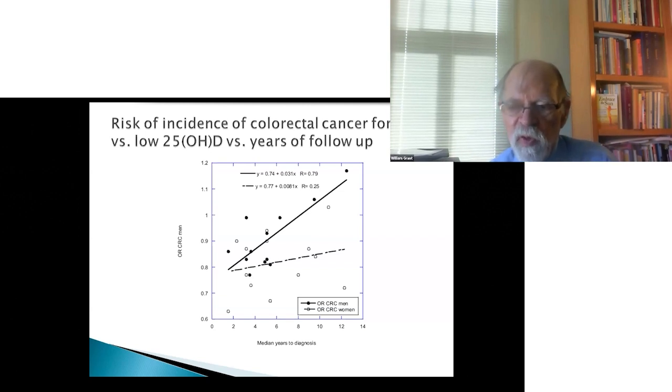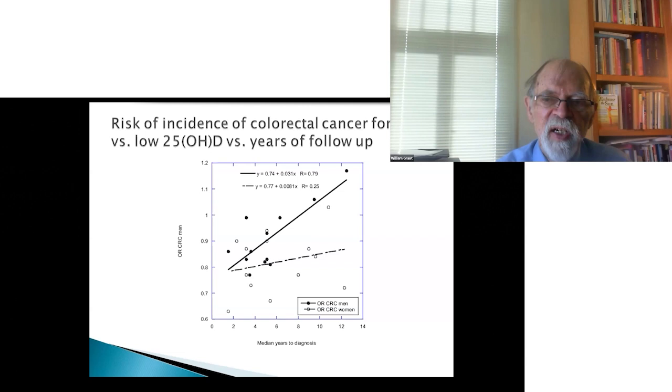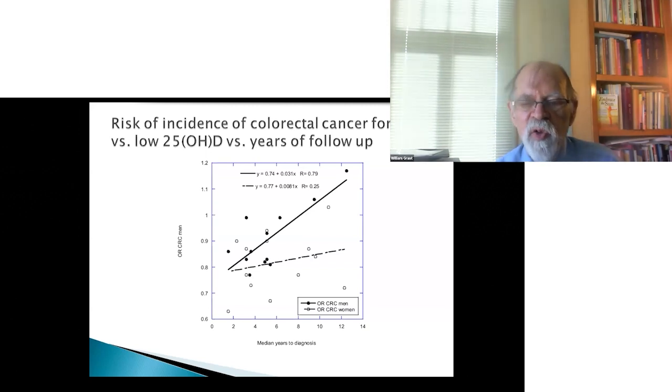So if you enroll people and then follow for 12 years, you're not going to find much of an effect of vitamin D. And so what I've done is I've plotted the observed effect for high versus low 25-hydroxyvitamin D for men and for women, men in the dots, women in the circles. And I show that if you extrapolate to 0 follow-up, you'd find about a 23, 24, 25% reduction in colorectal cancer.